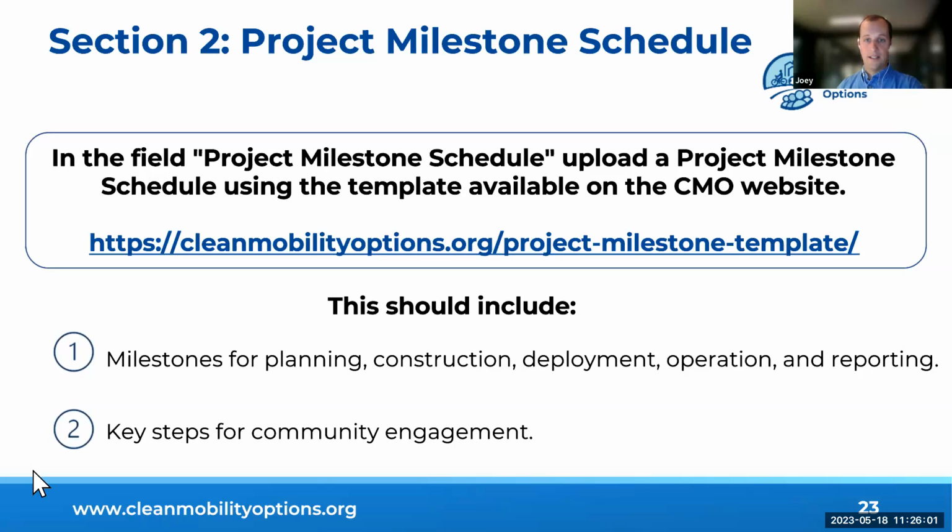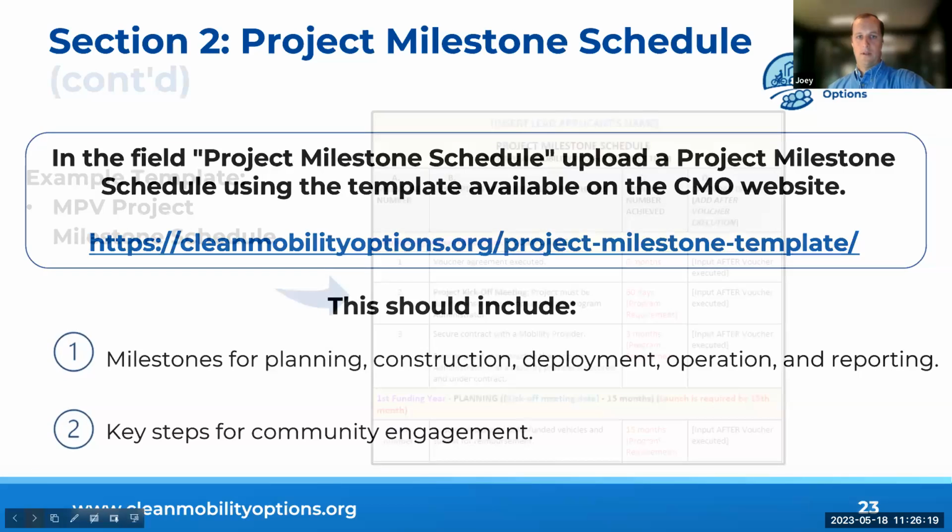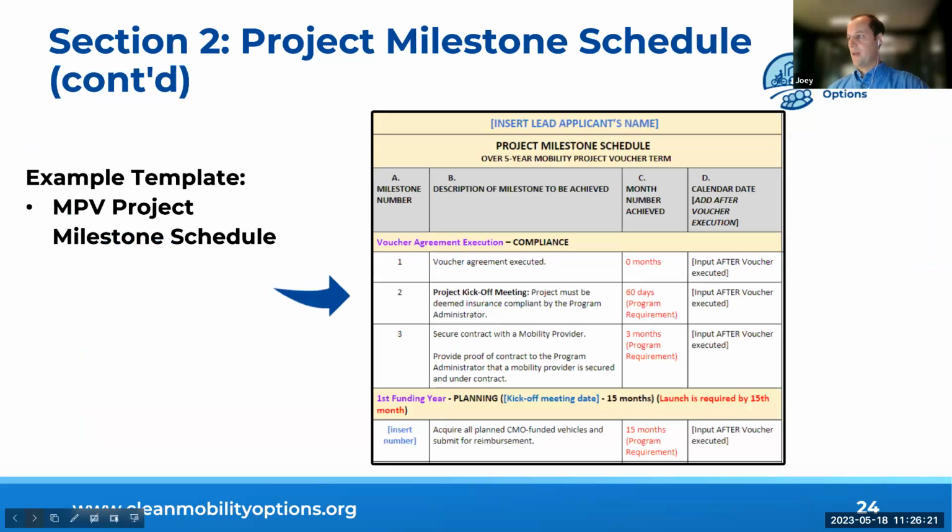We can drop that into the chat right now. And you can also see it right here on the screen. The project milestone schedule is going to define key steps and timelines needed to implement your project and operate the service for a minimum of 4 years. Here's just a small, quick example, just for a visual of the project milestone schedule.